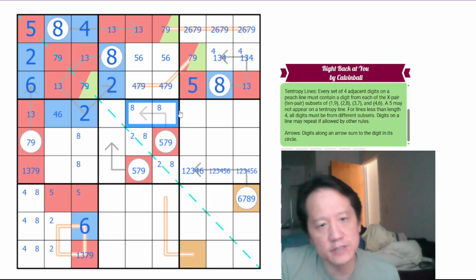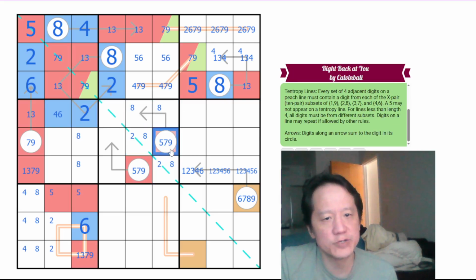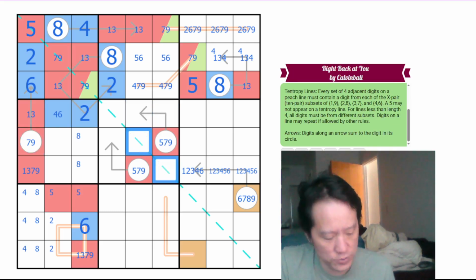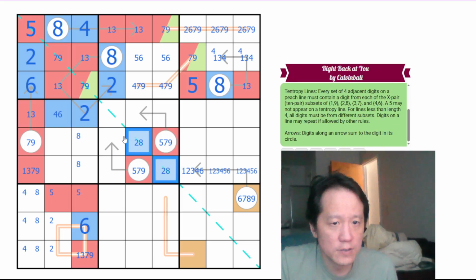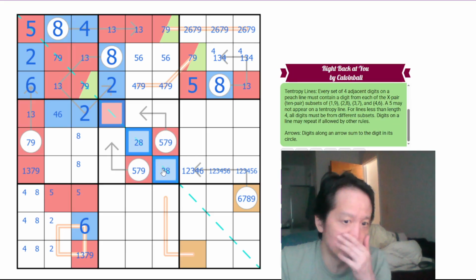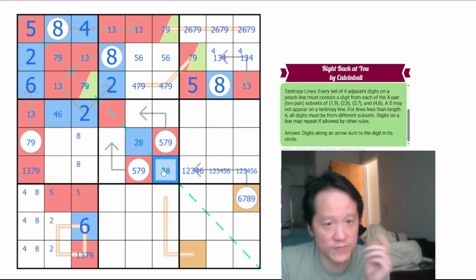If this is 8, it has to be with 1 to add up to 9. But then this 8, 1 would eliminate 1 here. That would be 3, and this would be 9. So 8 can never be here. Therefore, this is specifically a 2-8 pair, which means both of these are even. This has to be odd, because that's the only remaining. We have 2 evens and 1 odd on this diagonal in box 5.